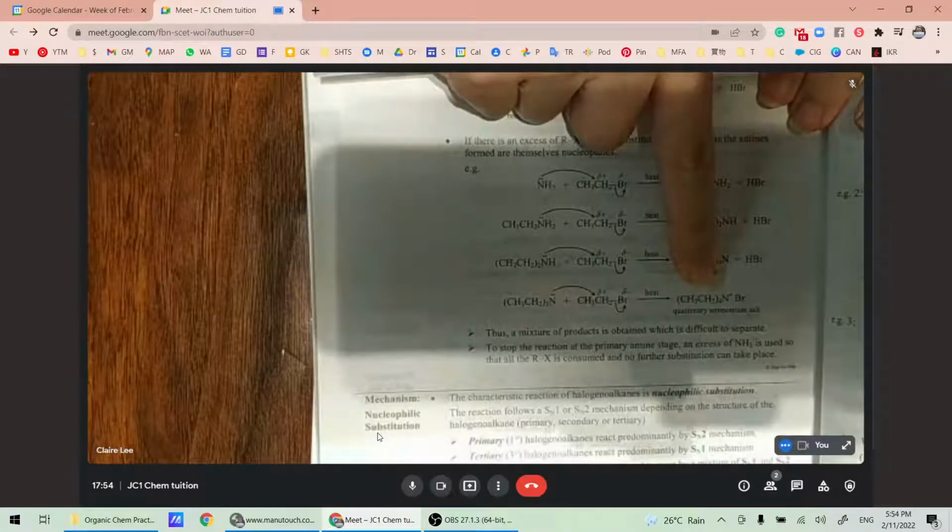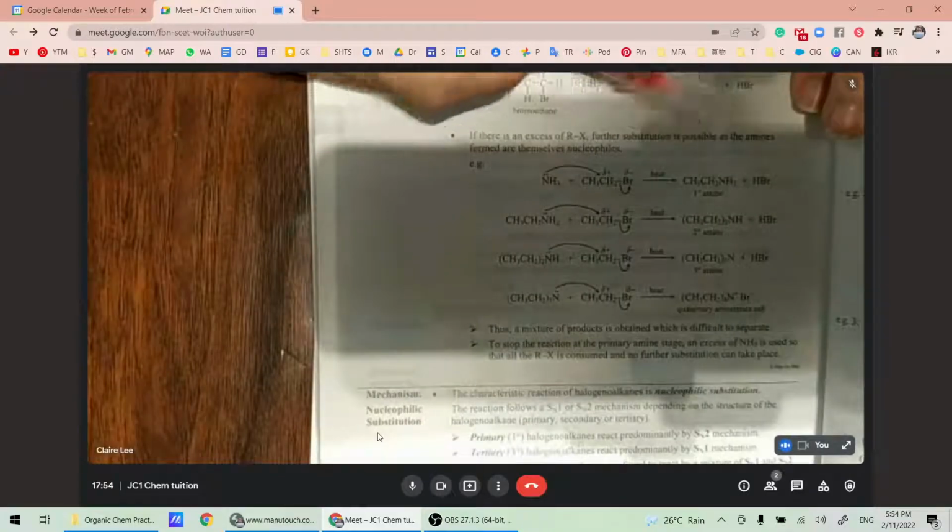But think about it, if I want to reduce the multiple nucleophilic substitution, basically I just need to reduce the chance of occurrence. So by having excess ammonia, the chances of it meeting the halogenated alkane is not so high.